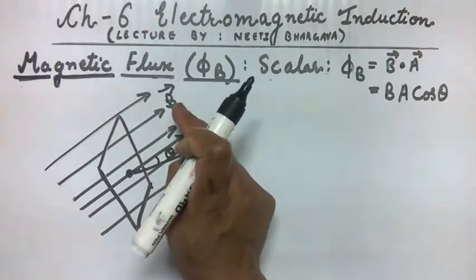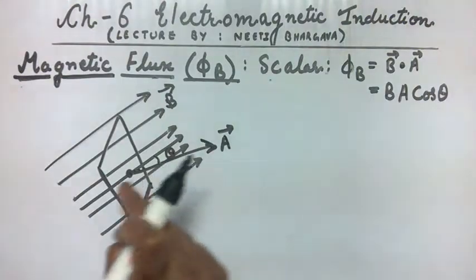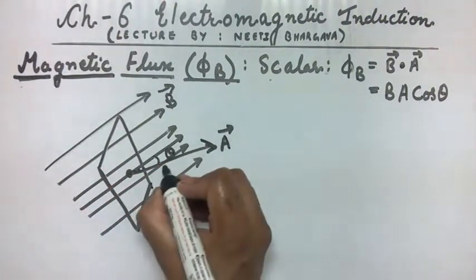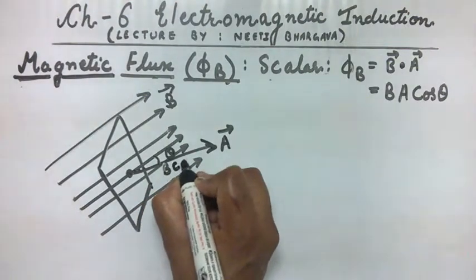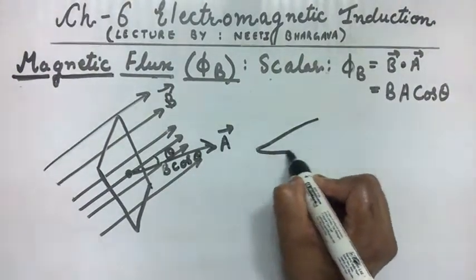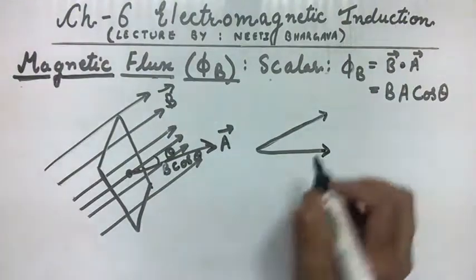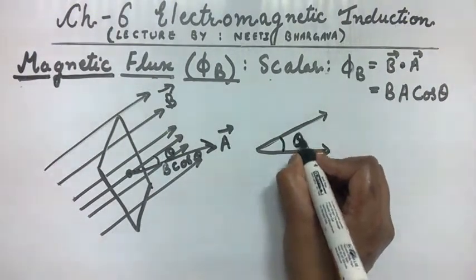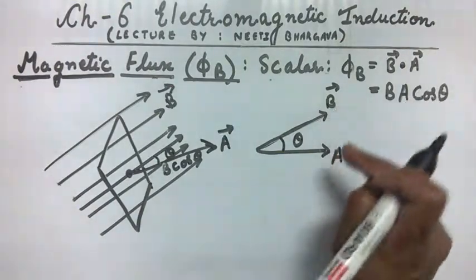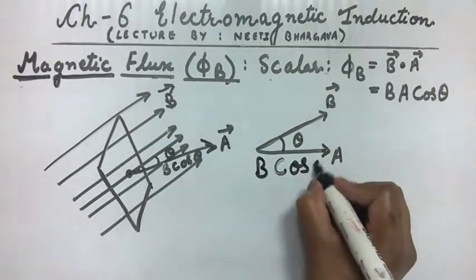So we want the component of magnetic field lines crossing or piercing the area, that is, it is B cos theta. We have studied in class 11th about the projection, that is, let the two vectors are placed at an angle theta with each other, then the projection of one onto the other is B cos theta.